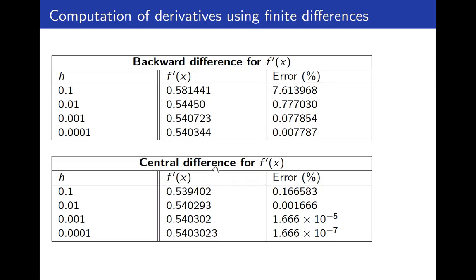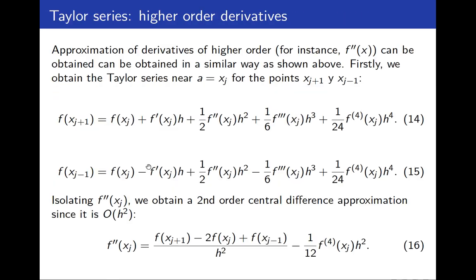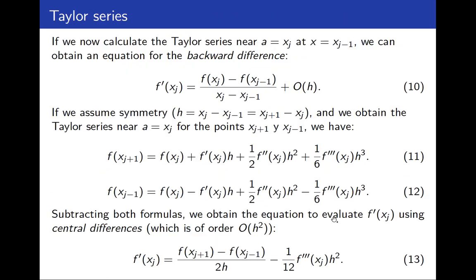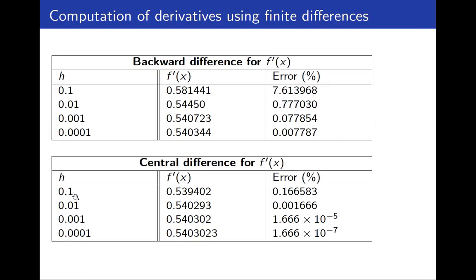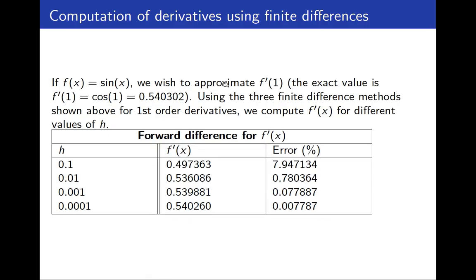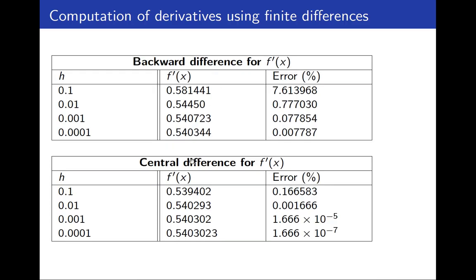And now what is happening for the central difference? The central difference is of order h to the 2. You can see that here this value of h is not so small, but we are already getting a good approximation of the derivative, because the error is much smaller compared to the errors observed for the backward and the forward differences.